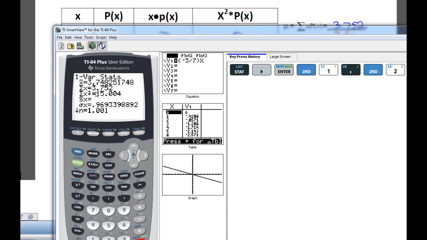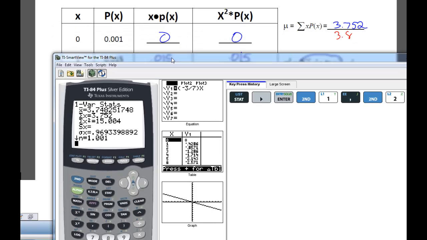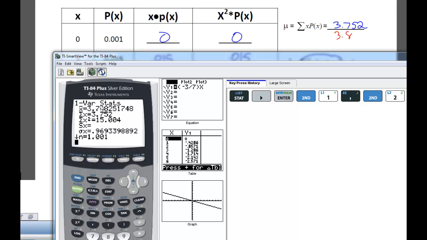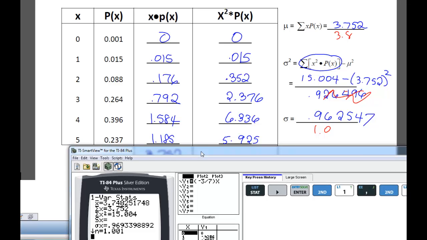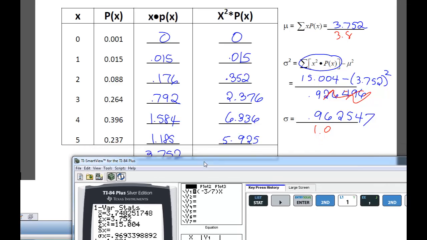Oh, I'm sorry, I'm looking at the... How's the difference there? I would go with this 3.748. Okay, and then for our standard deviation, we get 0.96933, which is a little bit off from what we did by hand. So I'm not sure where we went wrong.